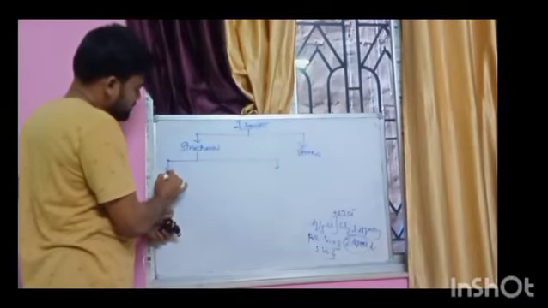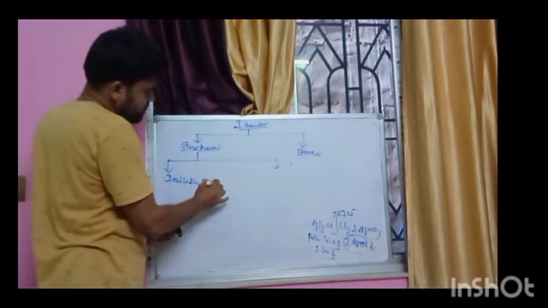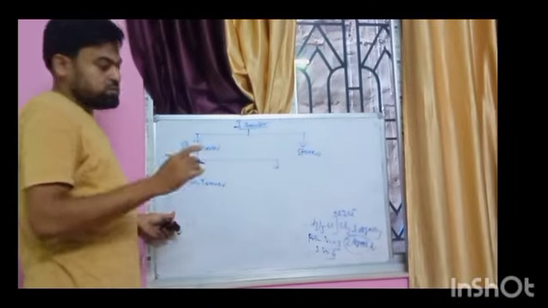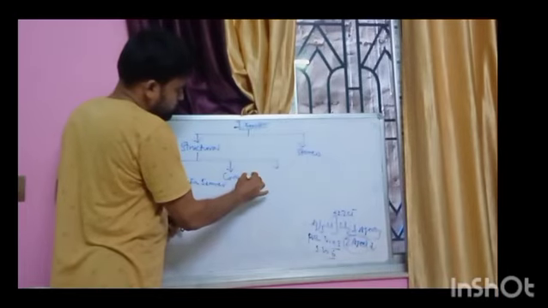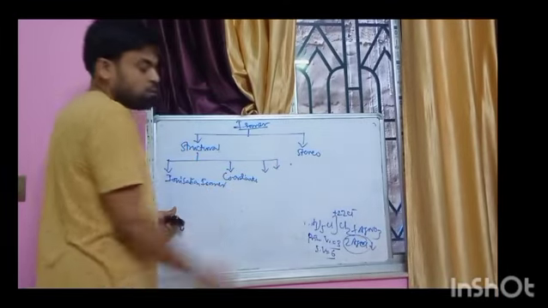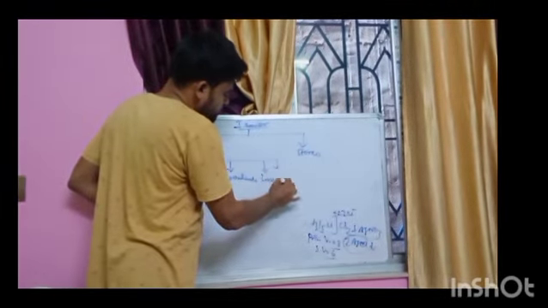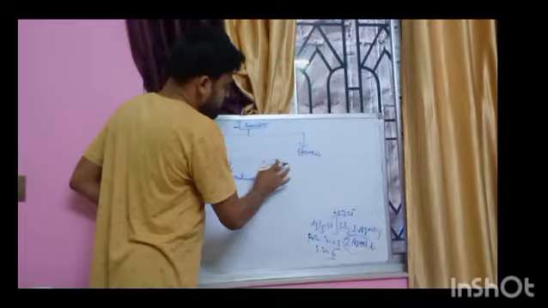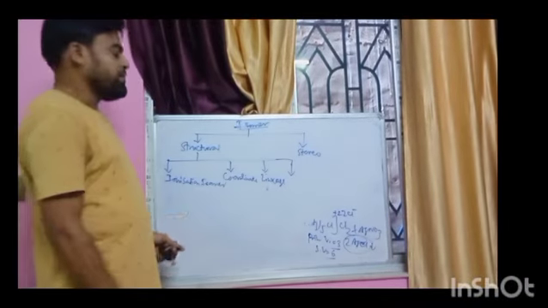One is ionization isomer, one is coordinate isomer, one is linkage isomer, and another is hydrate isomer.